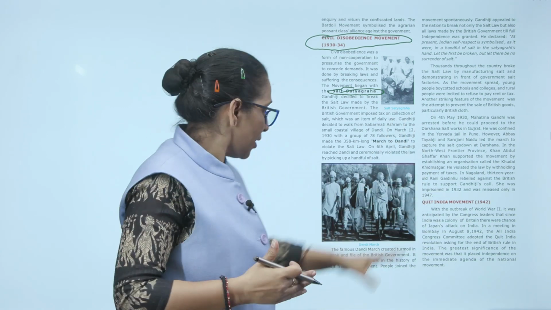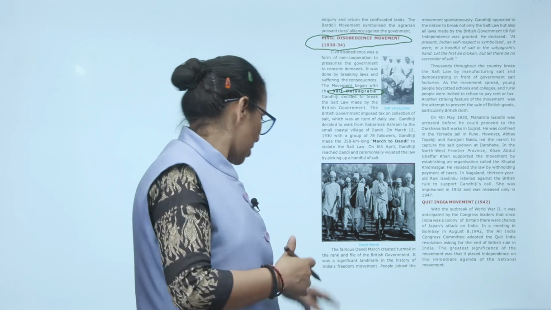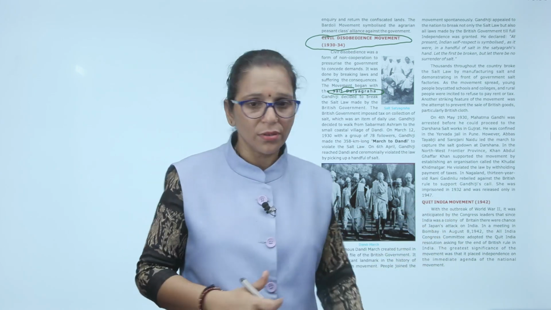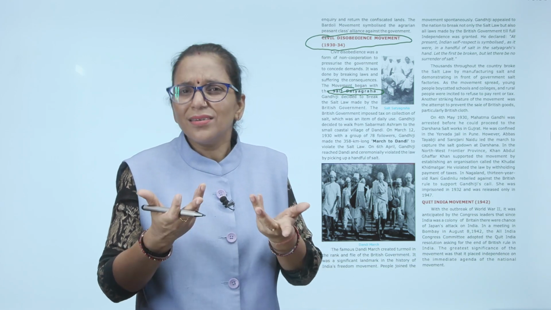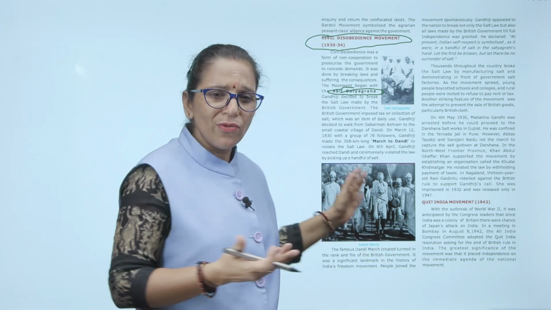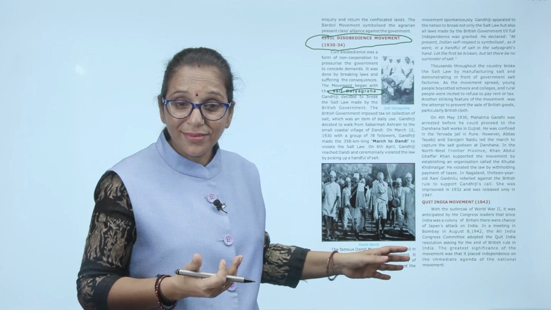So that was the Dandi March. The famous Dandi March created turmoil in the ranks of the British government. The Britishers had taken Gandhiji as a simple, very weak, thin, lean person. They thought he could not walk 358 kilometers, but he did it.